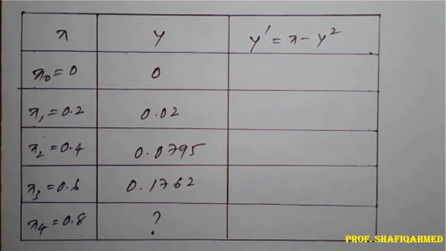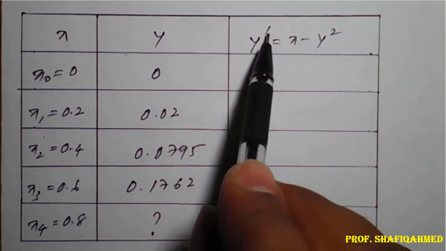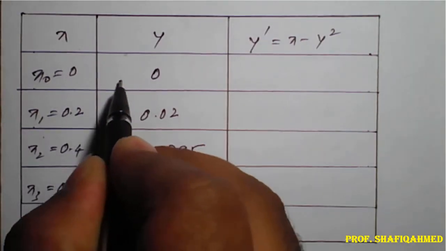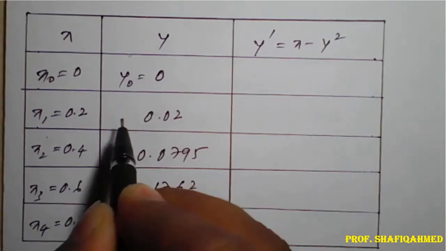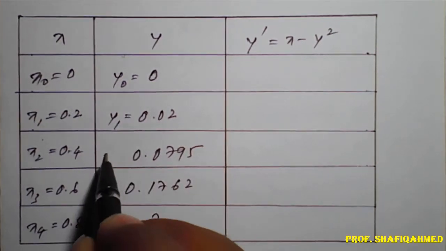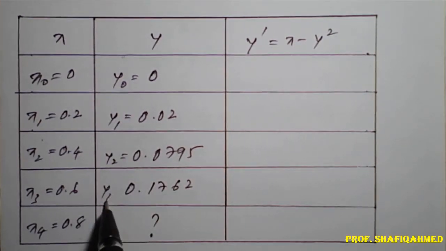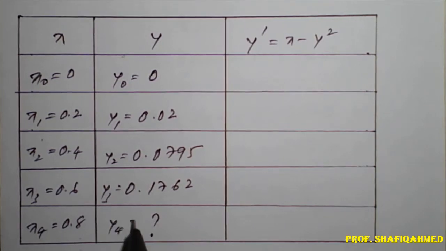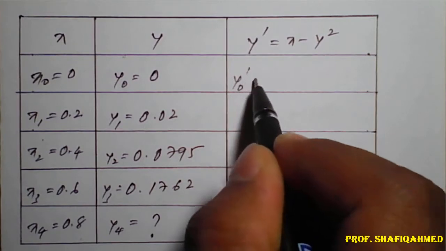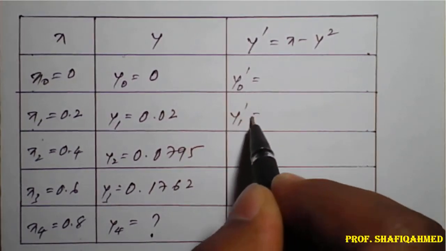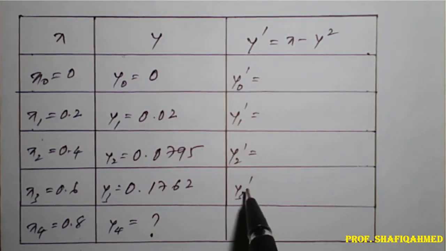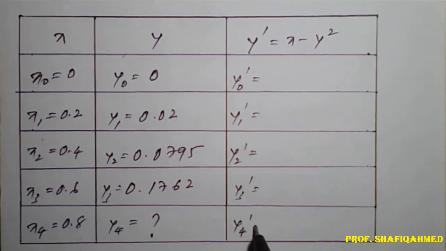It is a question mark. Next, y dash we need to calculate. This is y0 value, then y1 value, y2 value, y3 value, and y4 we need to calculate. Similarly, we need to get the values of y0 dash, y1 dash, y2 dash, y3 dash, and y4 dash.